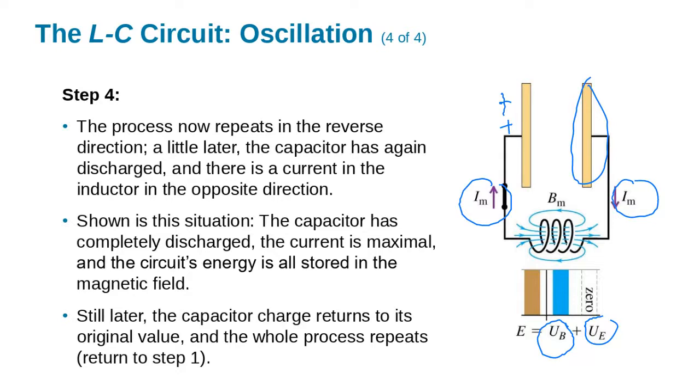So you can see we've got this oscillatory motion in this inductor. So as long as there's no losses, then the circuit will oscillate at a particular frequency. So it will send current back and forth, and there'll be some particular frequency that depends on the capacitance and the inductance of this circuit.